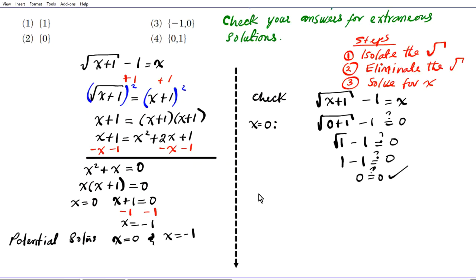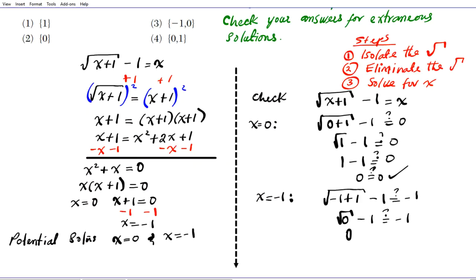Okay. Now let's test the next answer we got. X equals negative 1. The question is, the square root of negative 1 plus 1 minus 1, is it equal to negative 1? Negative 1 plus 1 is 0, so is the square root of 0 minus 1 equal to negative 1?